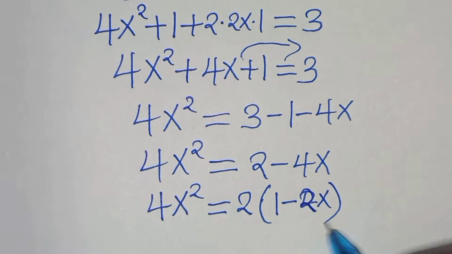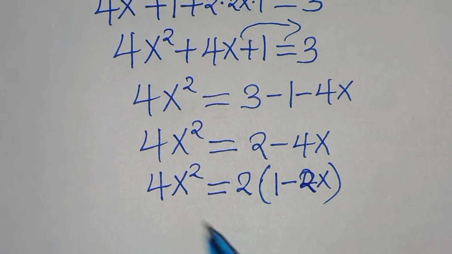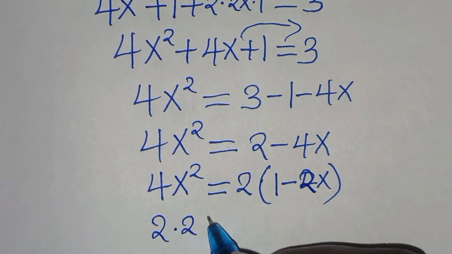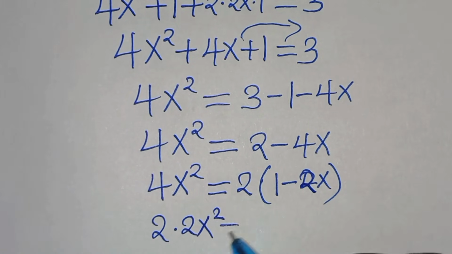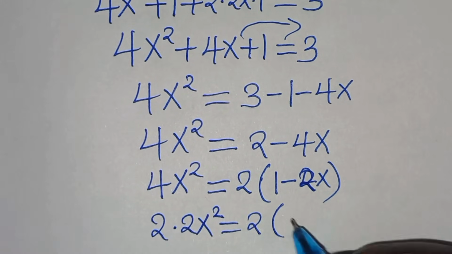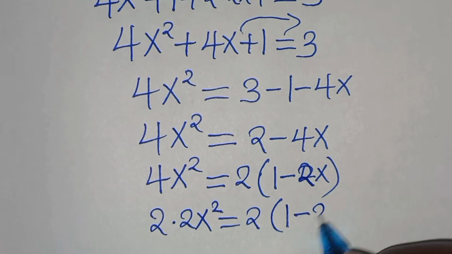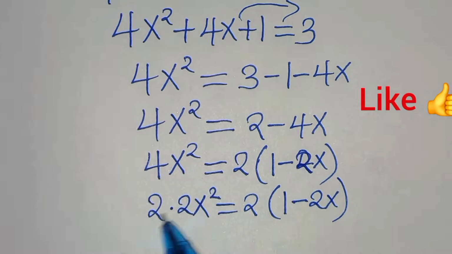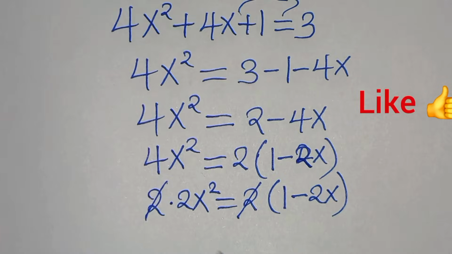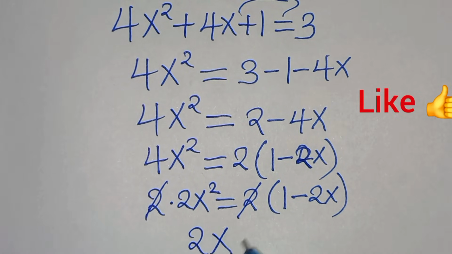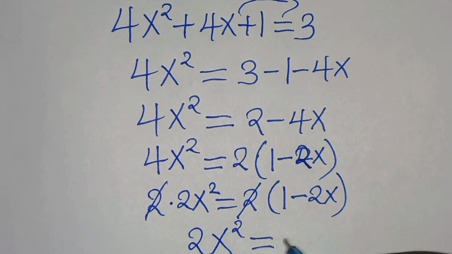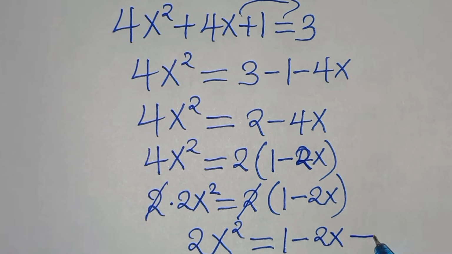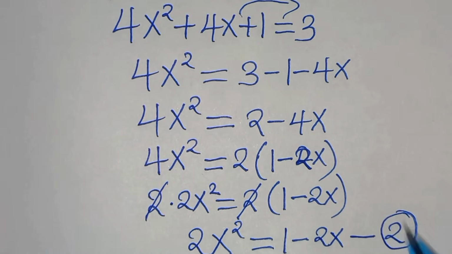We can express 4x to the power of 2 as 2 times 2x to the power of 2, which is equal to 2 times the parentheses 1 minus 2x. So let's simplify the 2 and 2, so that now 2x to the power of 2 is equal to 1 minus 2x. Let's call this equation 2.